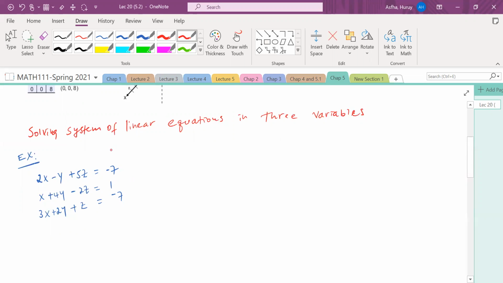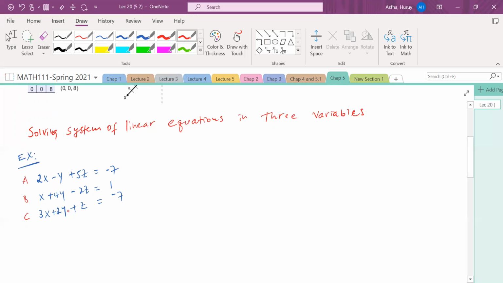If we have a system of linear equations, first let's name these equations. The first one we call A, the second one we call B, and the third one we call C. So A represents the first equation, B represents the second equation, and C represents the third equation. Then, of course, first we have to make sure that the equations are written in standard form, which means we have the x variable, the y variable, the z variable, and then the constant on the right side.